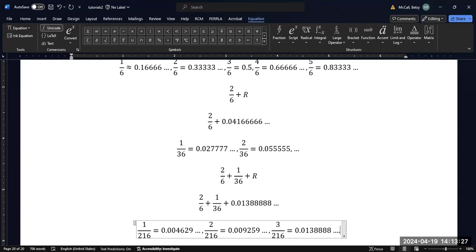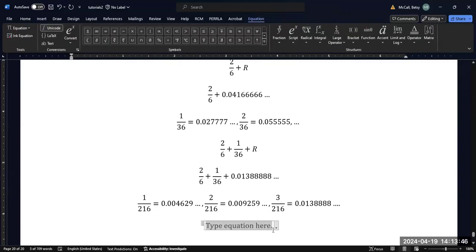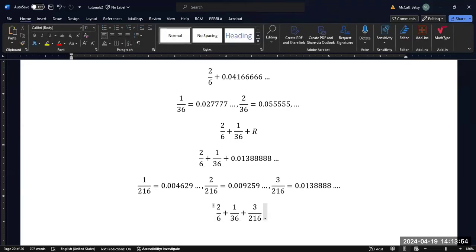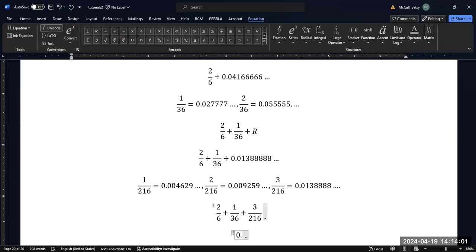There's our fraction. Now, if we were not getting to an exact match between our fractions, then we would keep going forever. But here we've come up with 3 over 216 as the rest of our fraction. And so in decimal form, we would represent this as 0.213 in base 6.